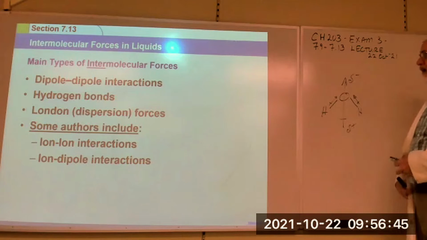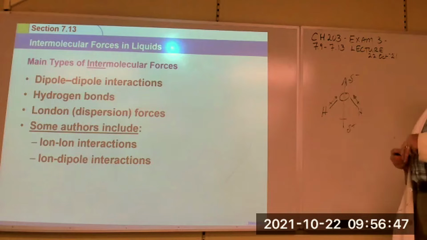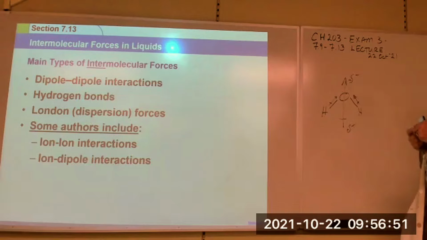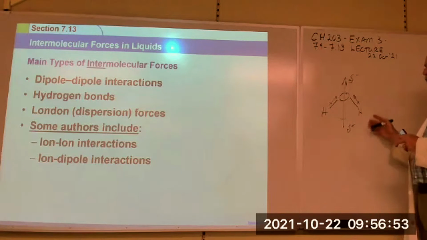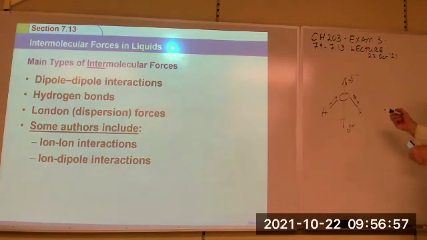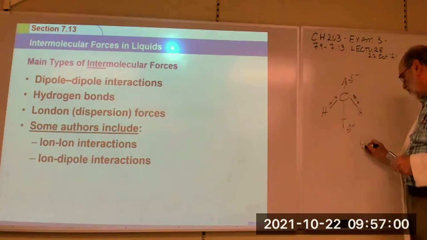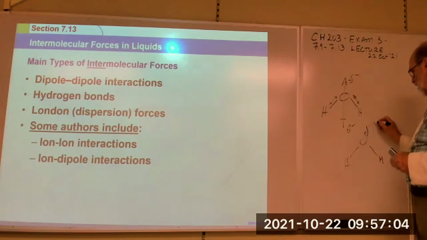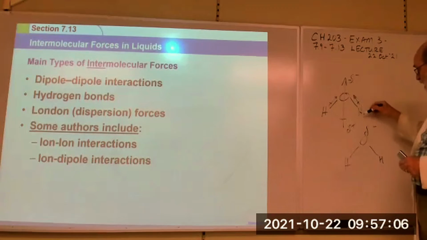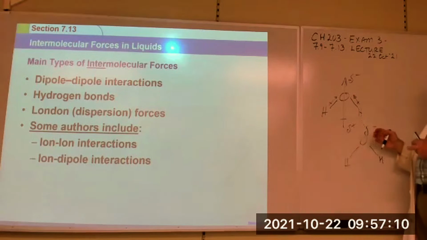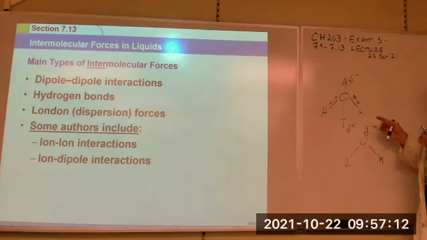Okay. There are different types of intermolecular forces. One that we've alluded to before is where one dipole interacts with another dipole. So if you have another water molecule here, this is the negative end, this is the positive end, you're going to form an intermolecular bond here.